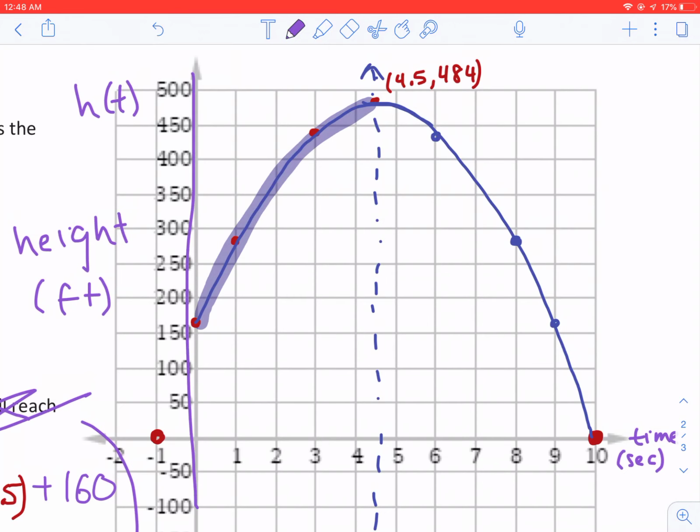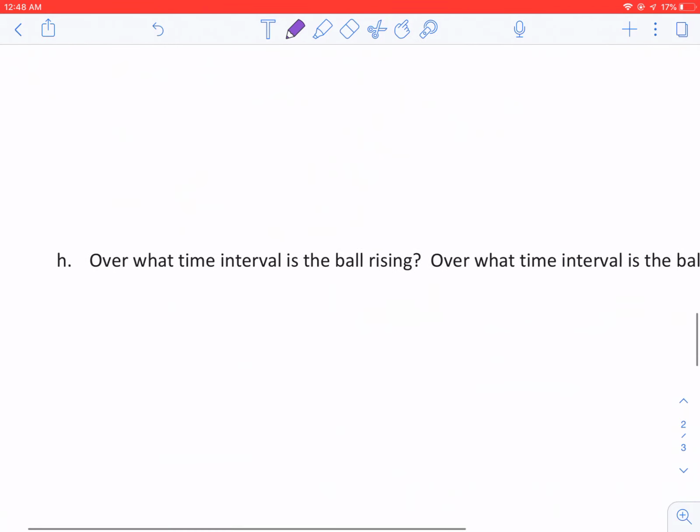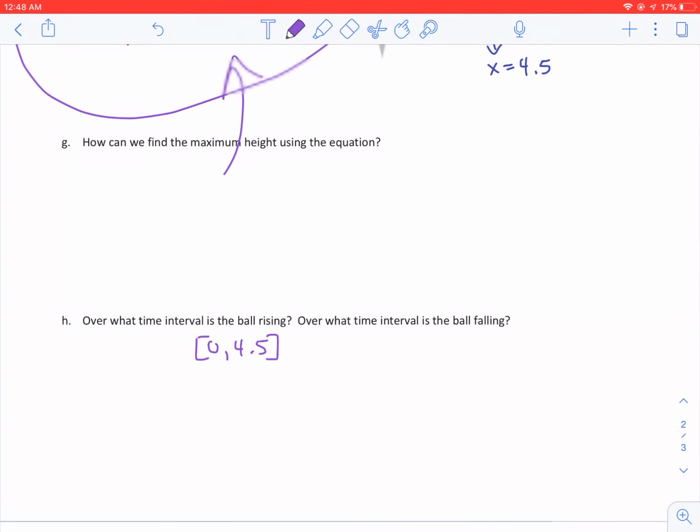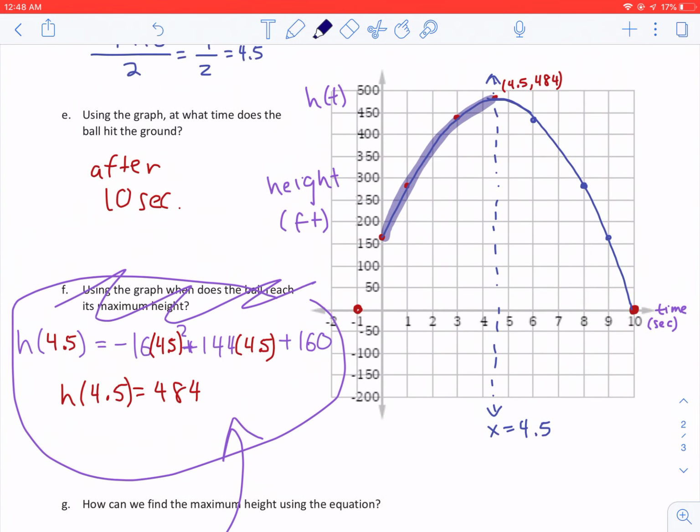So the ball is rising from 0 to 4.5. And where is it falling? It's going to be falling in this portion I'm highlighting red. The height's decreasing from 4.5 seconds up until 10 seconds.